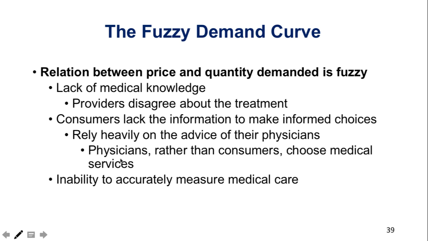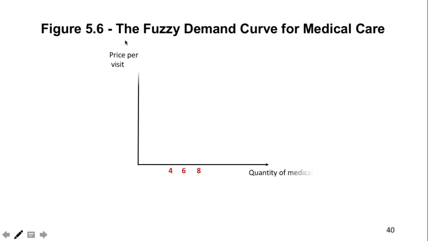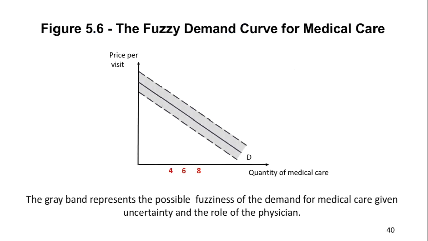So here you see the consumers are patients, but the physicians decide about the marginal benefit and marginal cost. And the inability to accurately measure medical care is another reason that makes this demand curve very fuzzy, meaning we don't have a straightforward downward sloping demand curve like any other market.